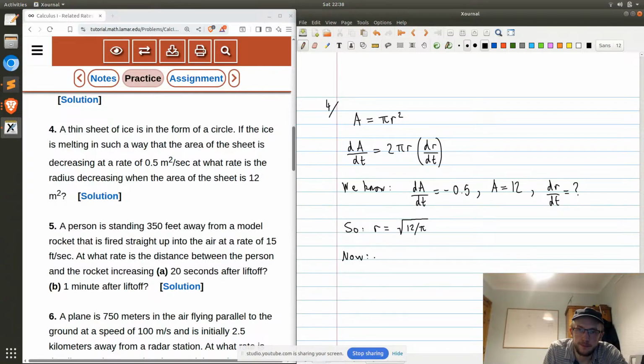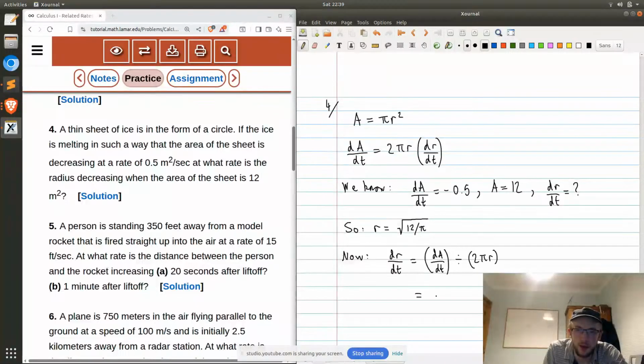Now, let's just establish what's actually the case. dr by dt should be dA by dt divided by 2 pi r.